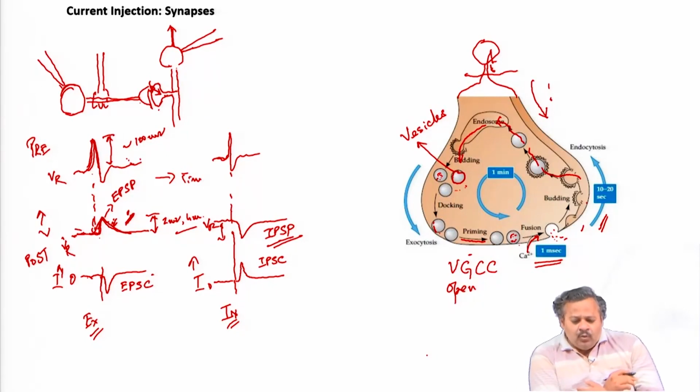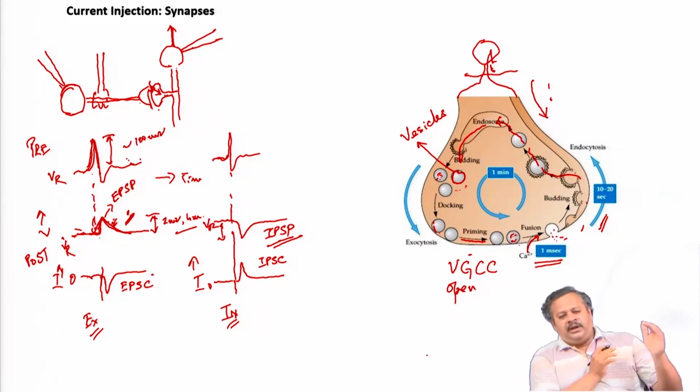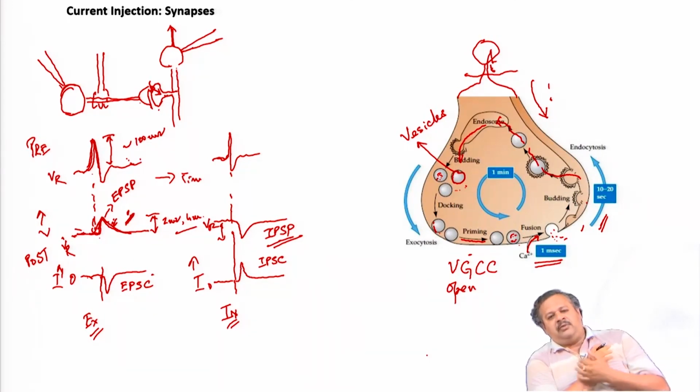So with this, we would like to conclude our discussions on the synapses and the current injection on postsynaptic neurons. So what we have now in our arsenal is the idea of how the presynaptic side's activity produces a change in membrane potential on the postsynaptic side or on a neuron.